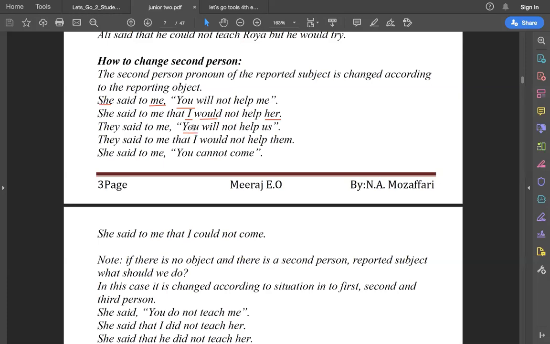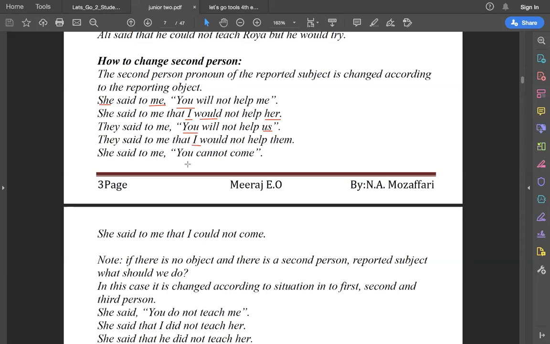So also you is changed to what? Because our object is me, it should be changed to I. We will not help, and as it is first person plural, it is changed according to the subject. And the objective form of this is what? Them. They said to me that I would not help them.